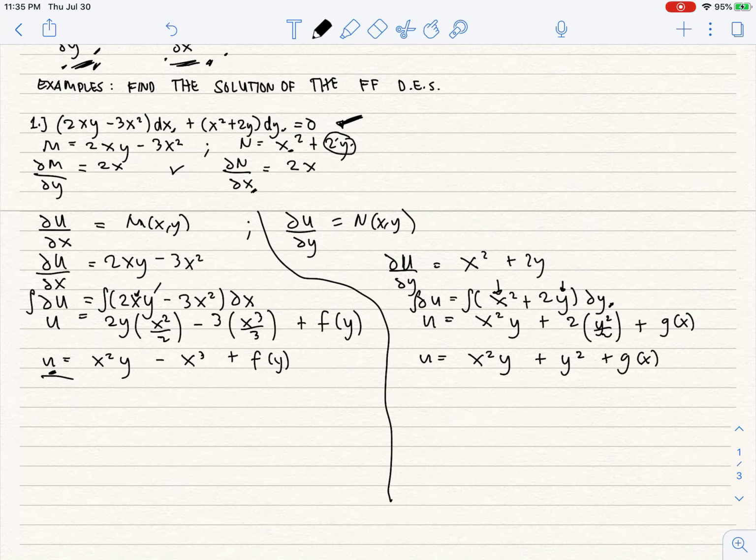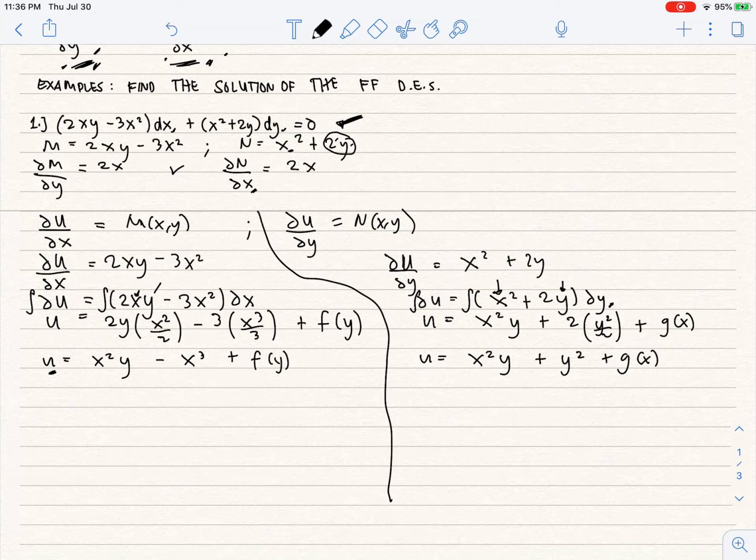So nanatay first value sa u, then nanatay second value sa u. Pero kaning duha ka u, bisag lahi ang pag solve, di ba, with respect to x, kani with respect to y, the same lang gyapon na sila og values. The same sila og values pag makuha nato ang values sa f of y, then g of x.